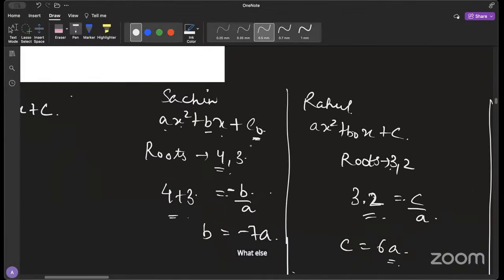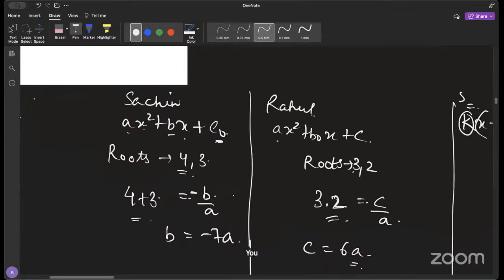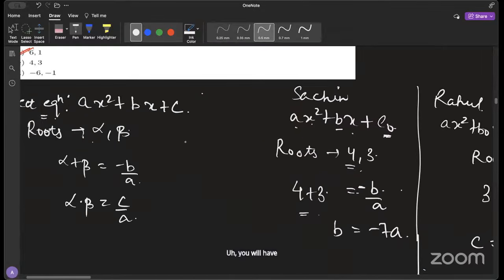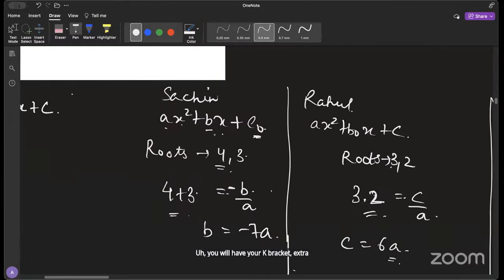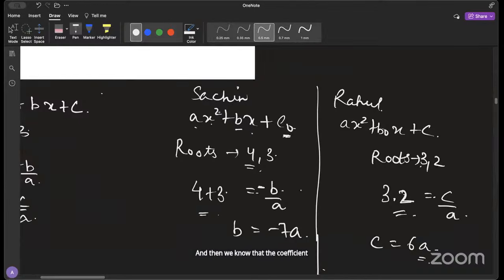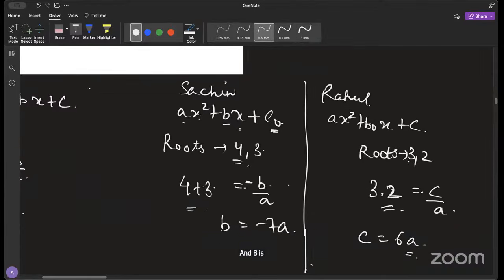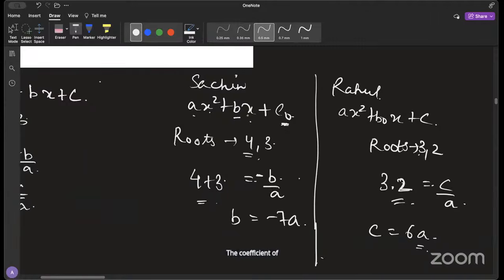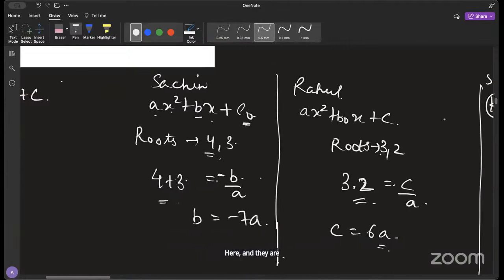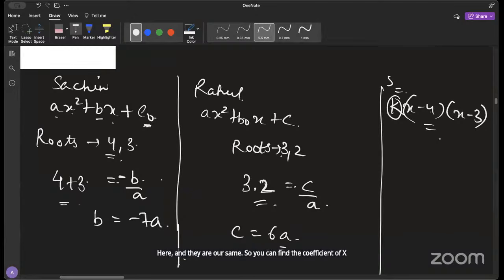You'll have k missing, right? You will have k times x square minus 7x plus 12. Then we know that the coefficients of x square and x here and here are the same, so you can find them.